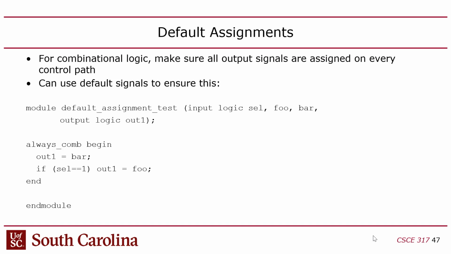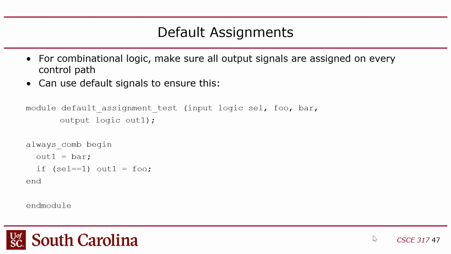What is it going to set out1 to if you get through the always, and because of the path you took through the if statements, you don't ever assign the output, or any of the outputs? Does that make sense? You guys with me? So the if statements may not ever assign out1.